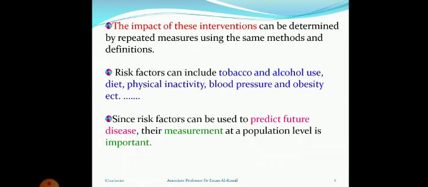Since risk factors can be used to predict the future of the disease, their measurement at a population level is very important, because it is possible to measure the risk or incidence of a certain disease, or predict the occurrence of disease in certain people who are exposed to certain risk factors. So it is important to apply certain measurements in order to alter the outcome.